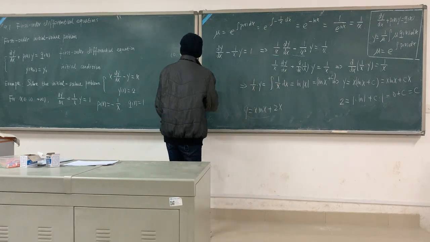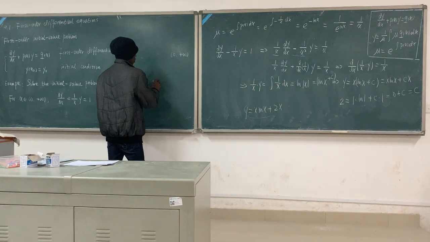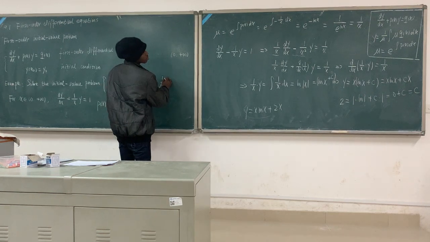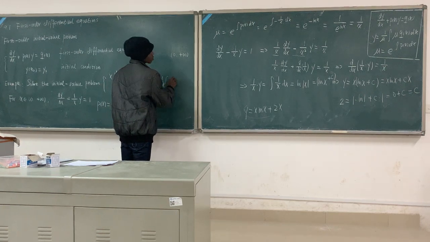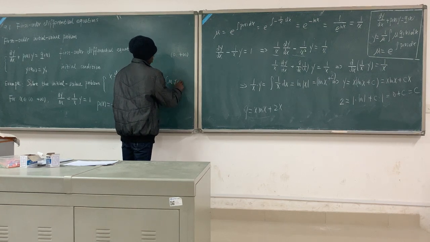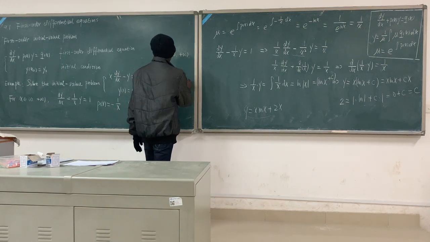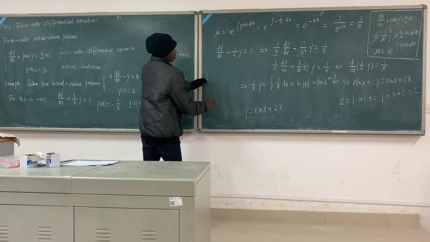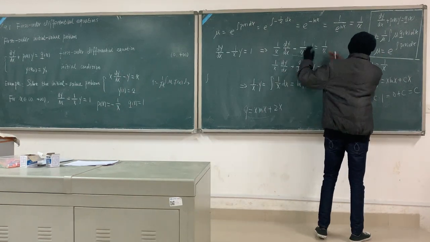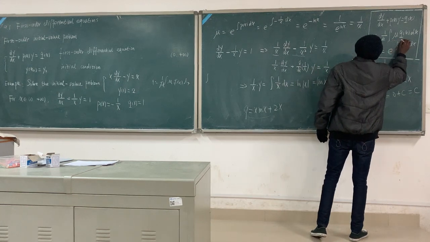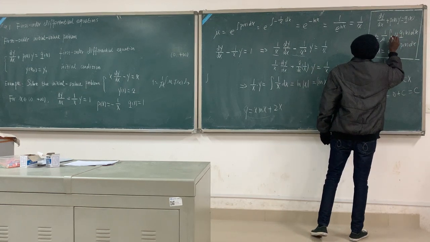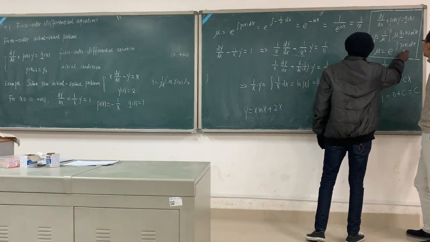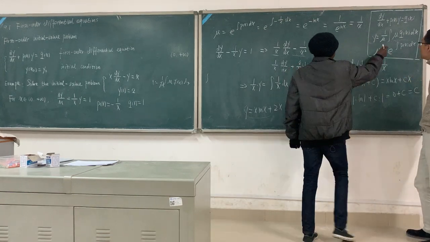Then we know y is 1 over mu times the antiderivative of mu q(x) dx. So first you should find mu, and then you can find the rest.